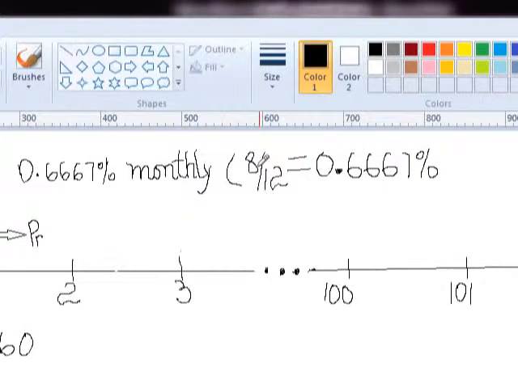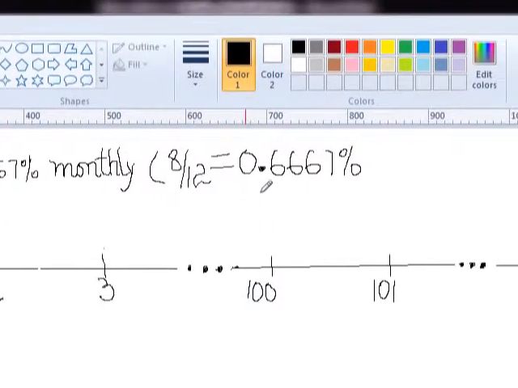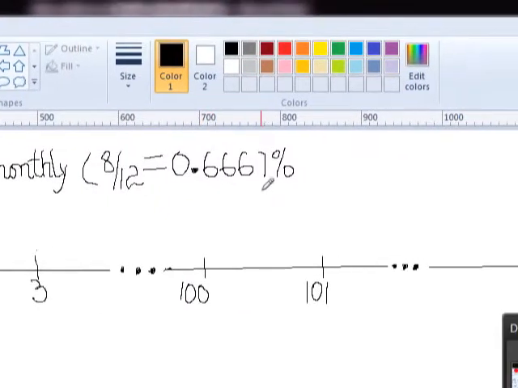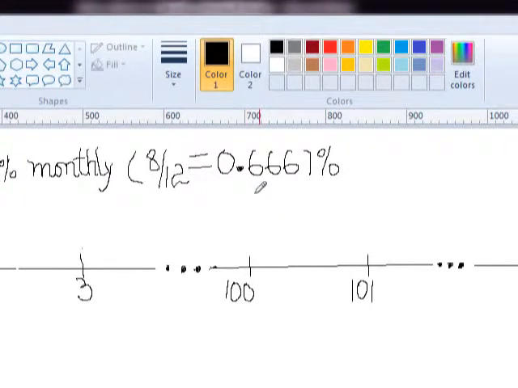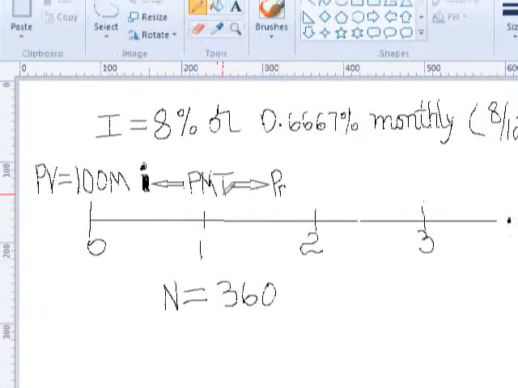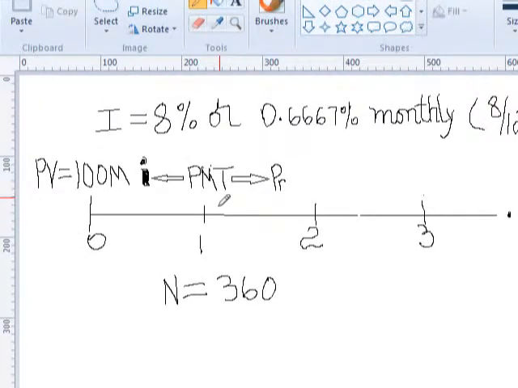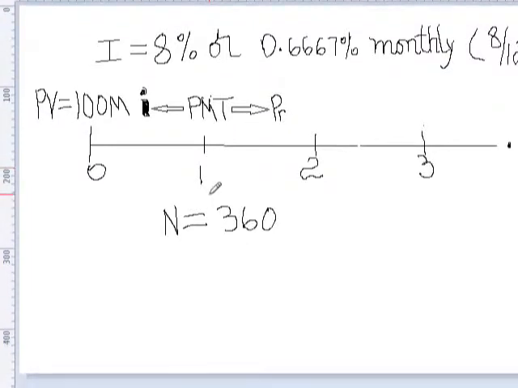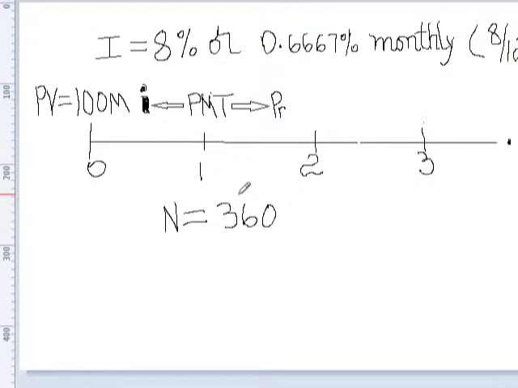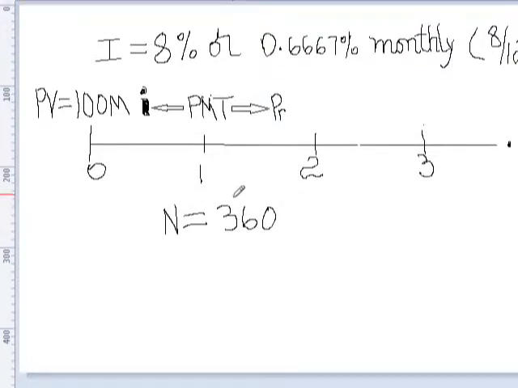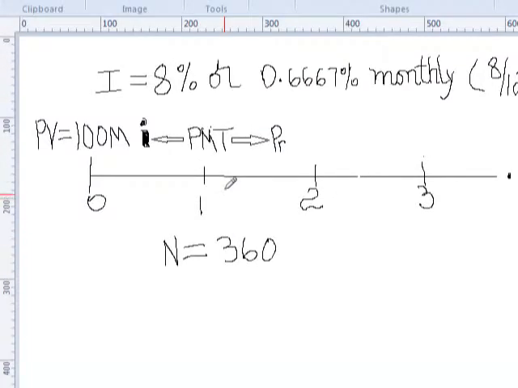So when we divide 8 by 12, this gives us 0.6667%. This is the interest every month. And so the number of periods is 360, since the mortgage is for 30 years: 30 times 12 gives us 360.